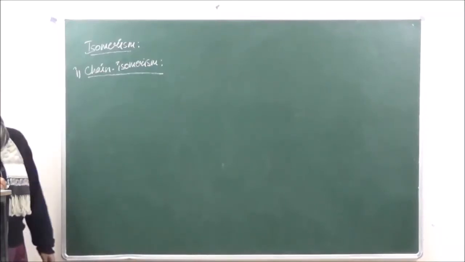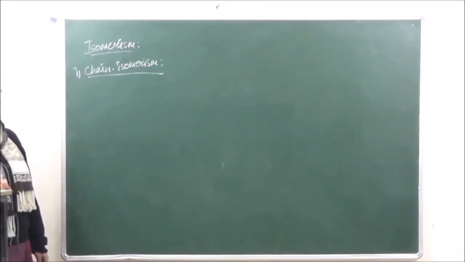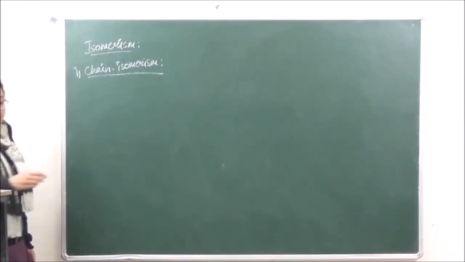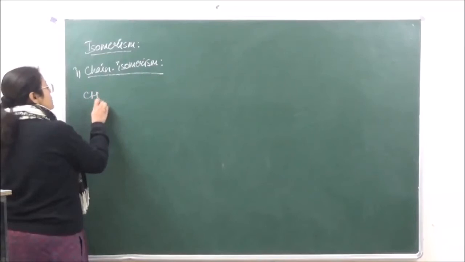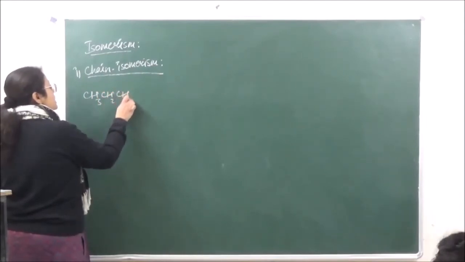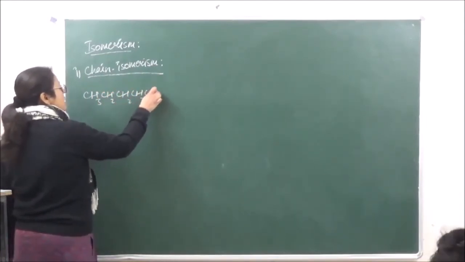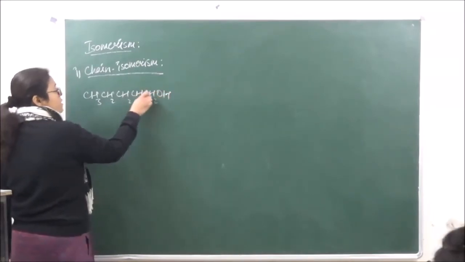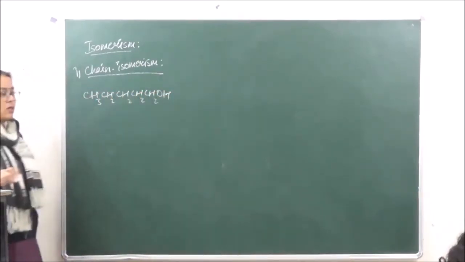Now what do you understand by chain isomerism? Over here the molecular formula is going to be same, but the chain is going to be different. So an example which we can take over here is CH3, CH2, CH2, CH2, CH2OH. This is known as 1, 2, 3, 4, 5, pentanol. Okay?